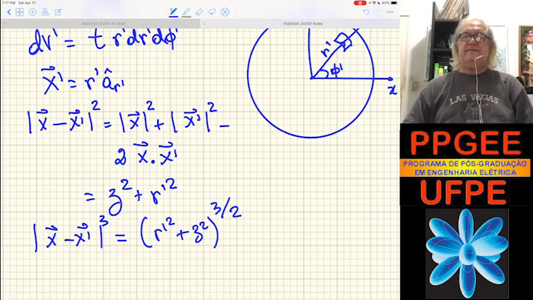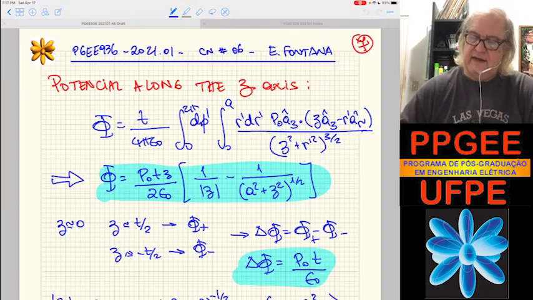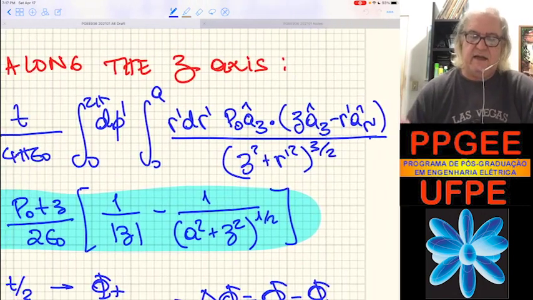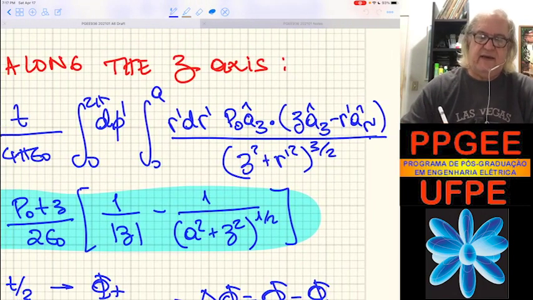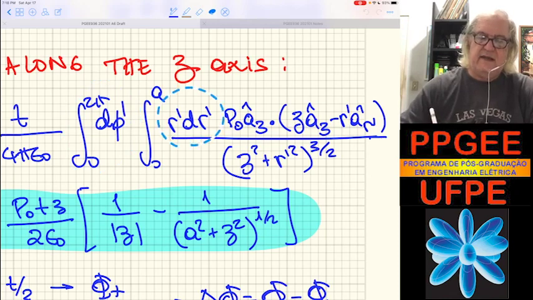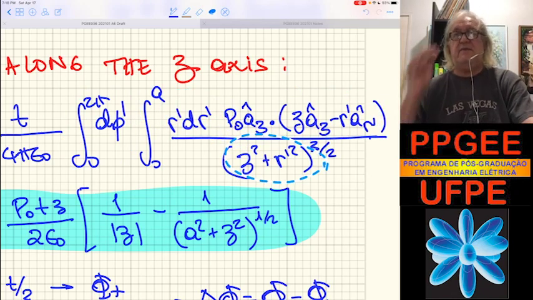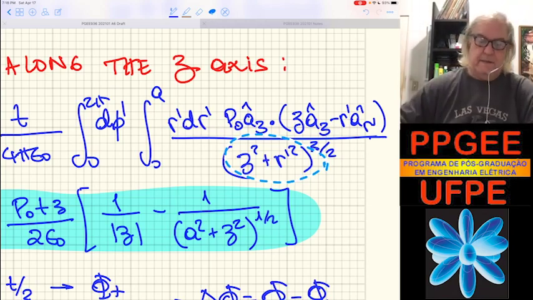So we have that. So that's the type of integral we have, right? So just putting everything here. I already separated the phi integral here. I have the r dr element, the P0 a_z dot (x minus x prime), with the magnitude cubed in the denominator, right?